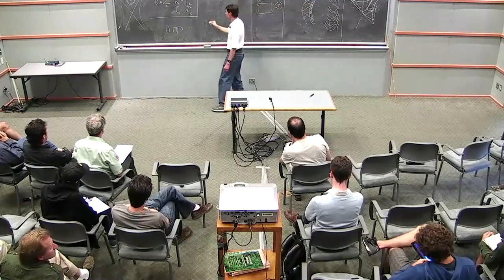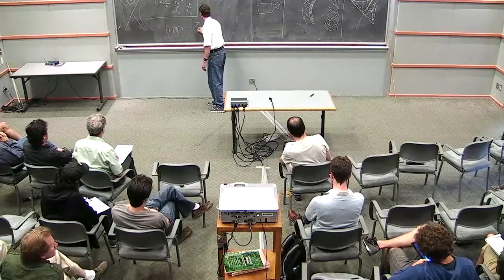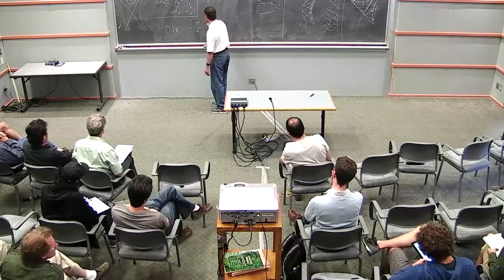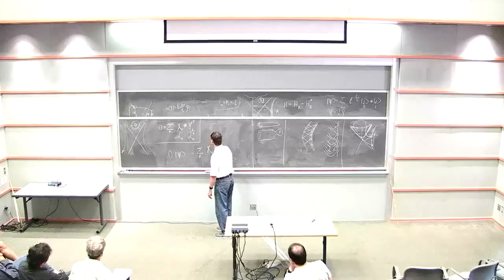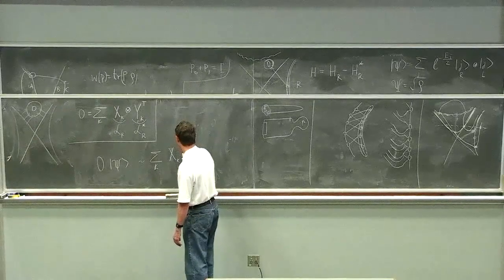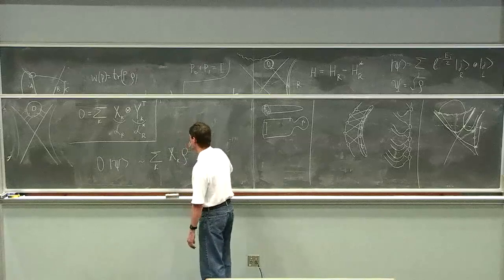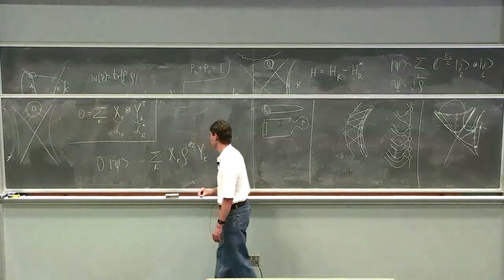It's equivalent to this. It's the sum over k of X_k rho to the 1/2 Y_k.